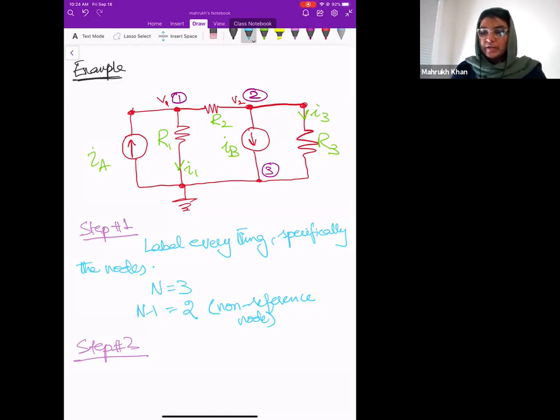The other nodes should be in sequential form. Like here, I started from the left-hand side. It's up to you, but normally we start from the left-hand side to start the numbering. So they should be in sequential order, and the last number should be the reference node, okay?